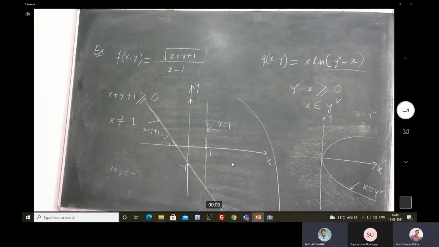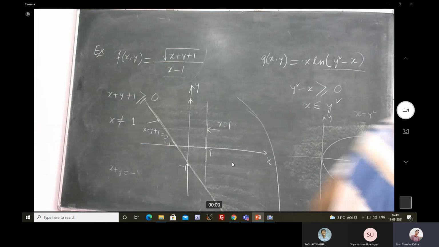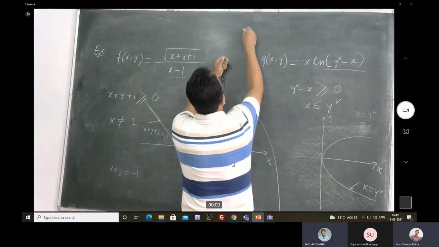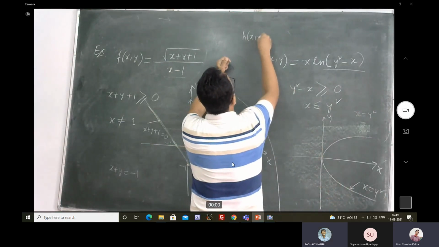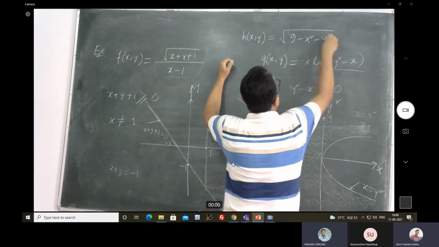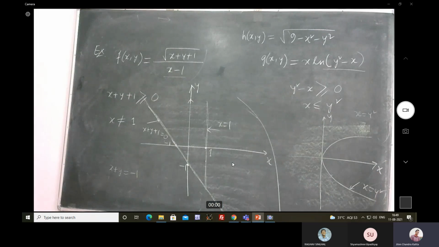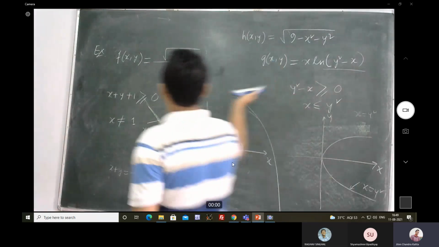The function is h of x, y equal to square root of 9 minus x squared minus y squared. Now you have to find the domain and range of the function.